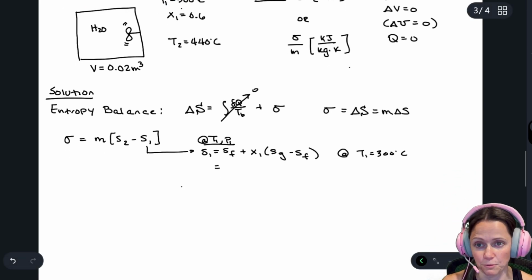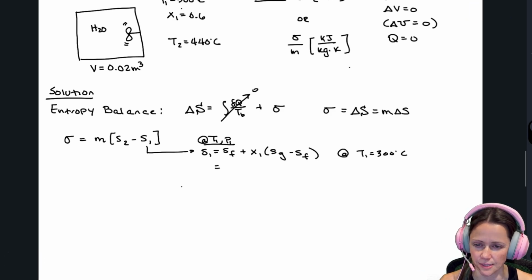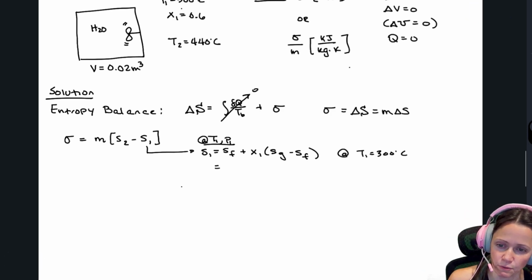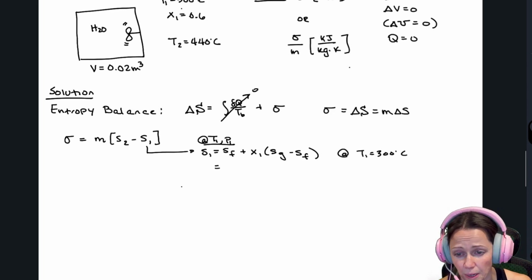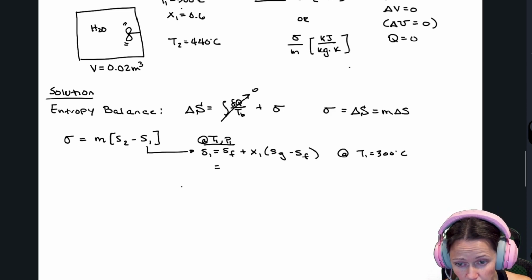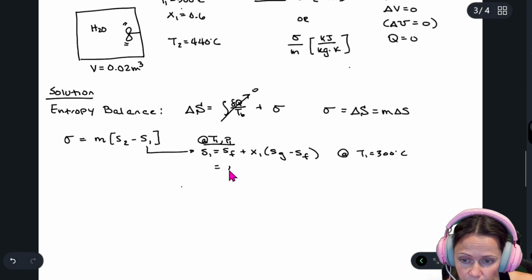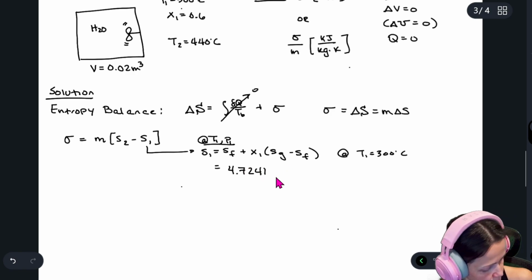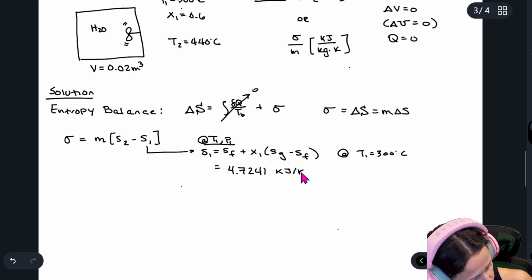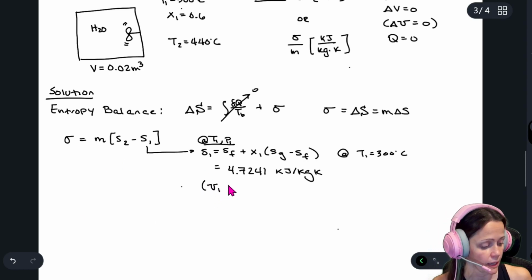But I end up getting for S1 4.7241 kilojoules per kilogram K.